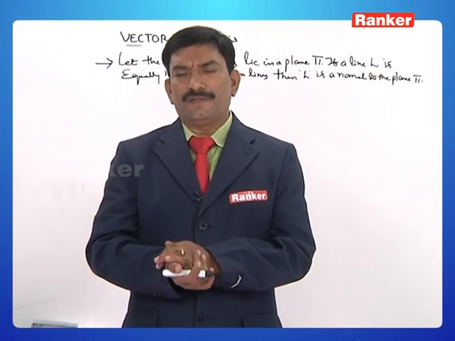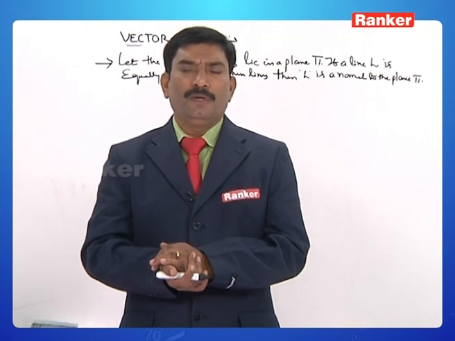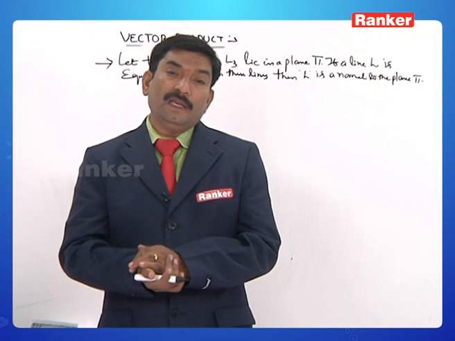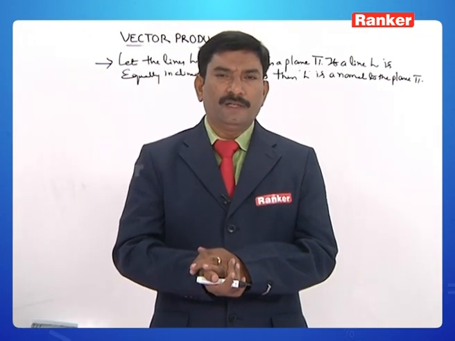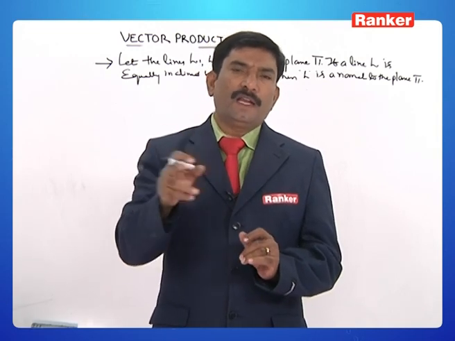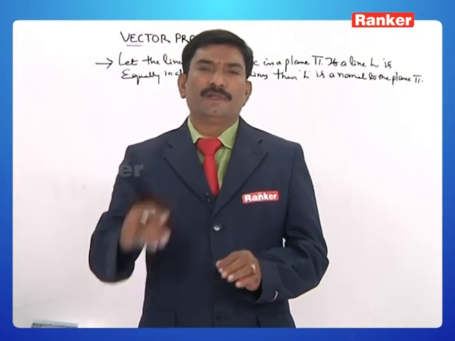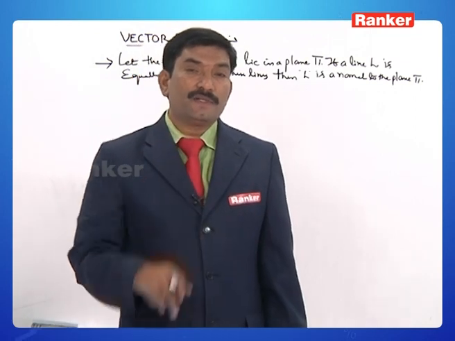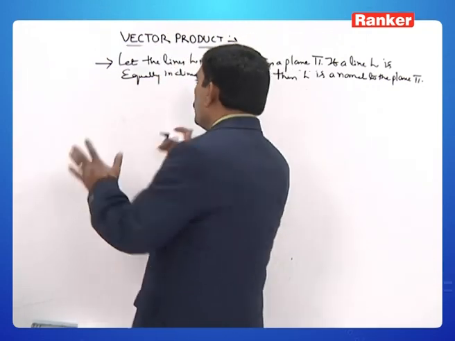When a plane contains three vectors, say A bar, B bar, C bar, you take another vector R bar which is equally inclined with the three vectors A bar, B bar, C bar. Then the vector which is equally inclined with the three vectors will always be normal to the plane that contains A bar, B bar, C bar. What's the statement? Let us see.